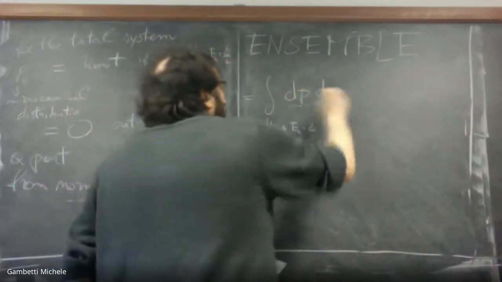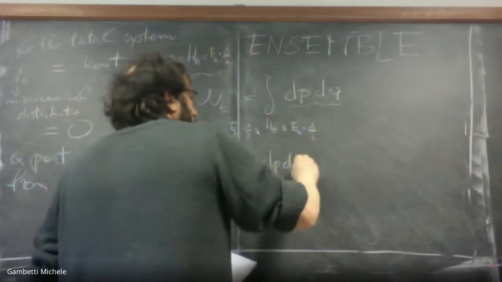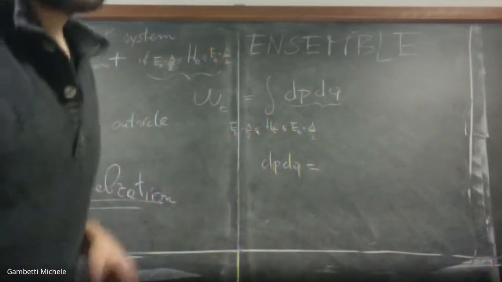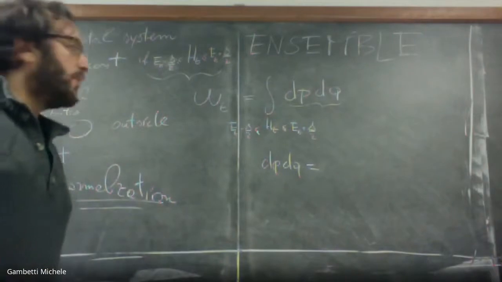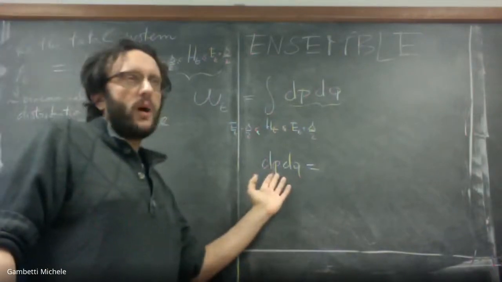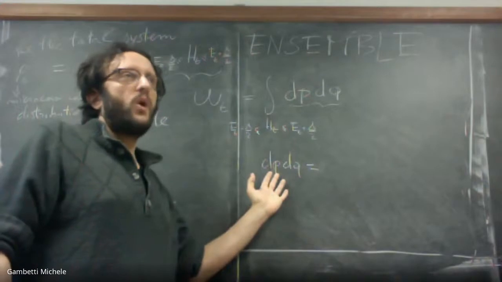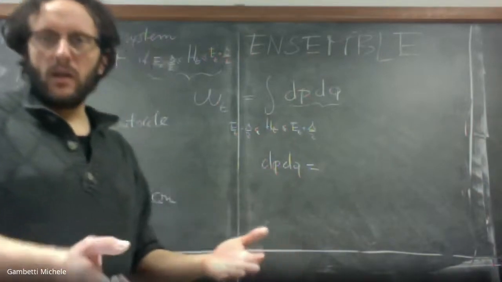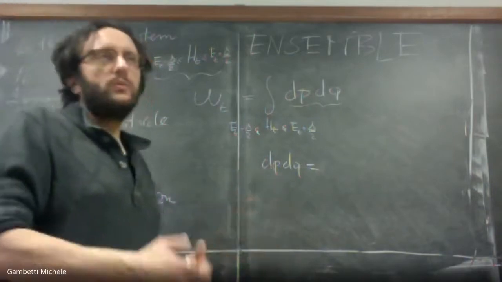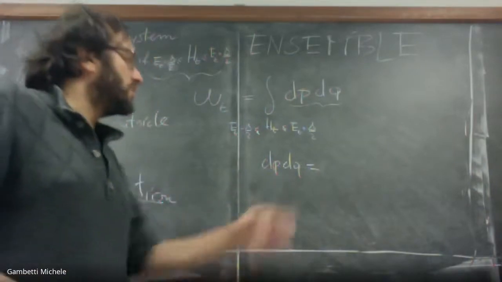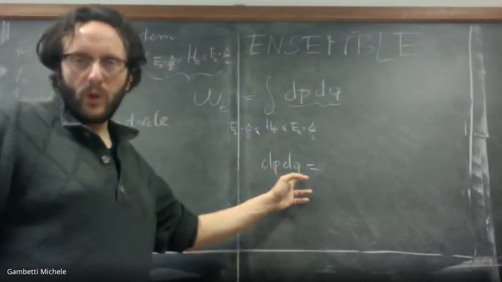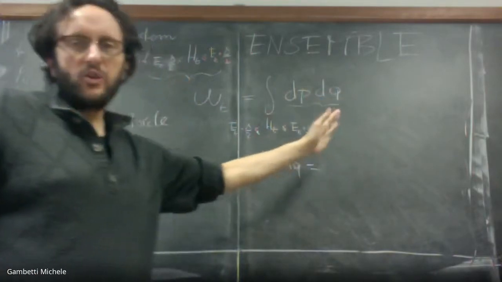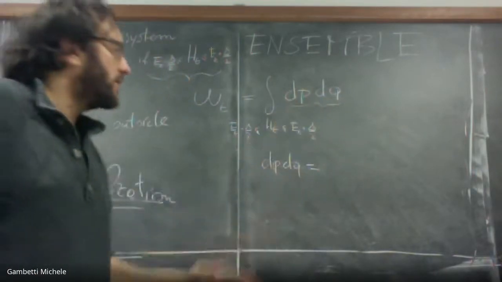Now with this symbol dp dq, I'm not specifying the number of particles. Depending on the number of particles and the dimension of my problem, of course this dp will be dp1 to dpN in one dimension, or dp1 to dp3N in three dimensions, and similarly for dq. So I will not write it explicitly, since I'm not specifying the dimension or the number of particles.